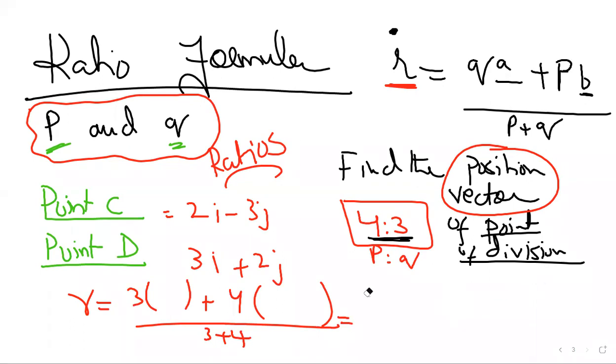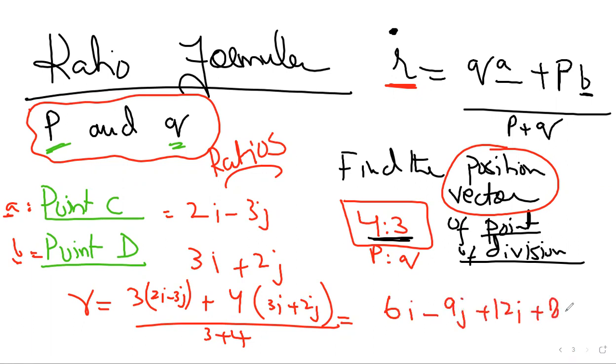The A vector is C, 2i minus 3j, and the B vector is D, 3i plus 2j. 3 times 2 is 6i, 3 times 3 is 9j, 4 times 3 is 12i, 4 times 2 is 8j.